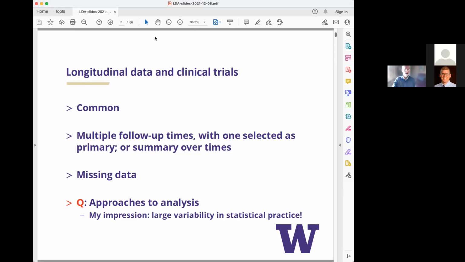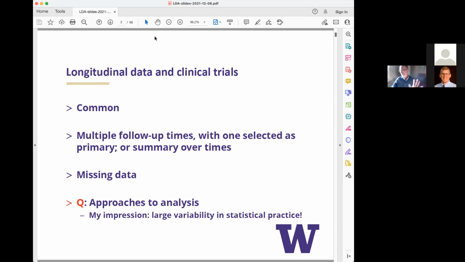So why give this talk? Longitudinal data is common, fundamental. I'm really focused on clinical trials, randomized studies. We often have multiple follow-up times. We often choose one as the primary outcome time, primary outcome measure, or maybe we summarize over a range of times for our primary analysis. Missing data is a big issue with longitudinal data. That's going to live in the background today.